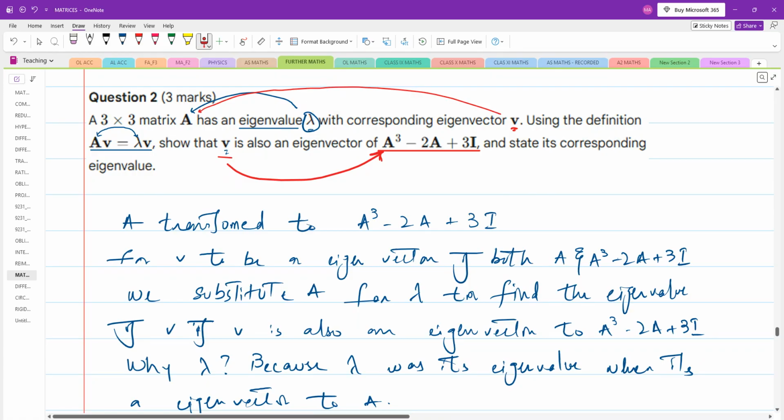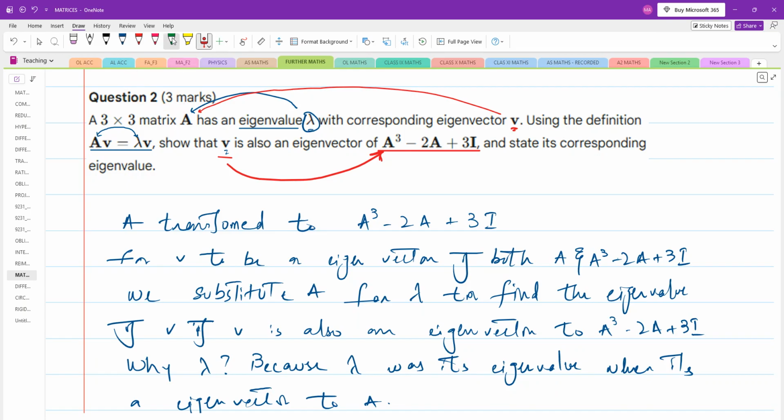One thing I should tell you is that it is always asked to be proved. Whatever transformation happens on a matrix, the eigenvector remains the same.